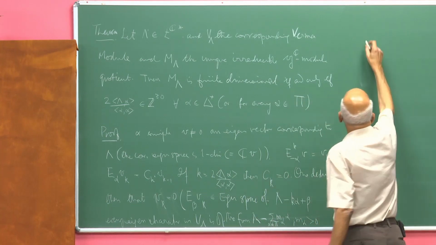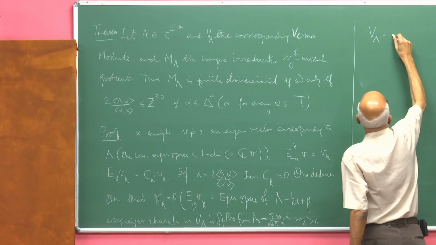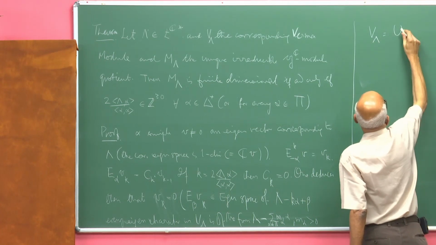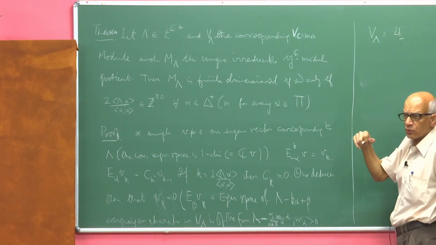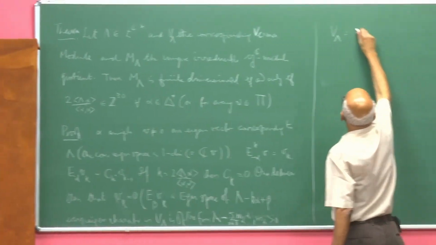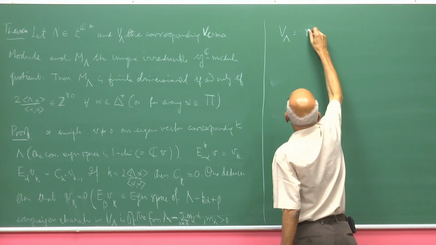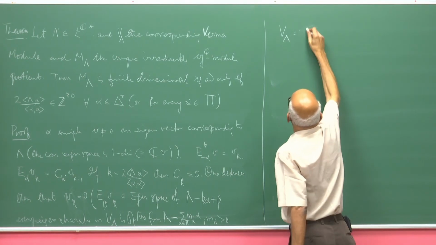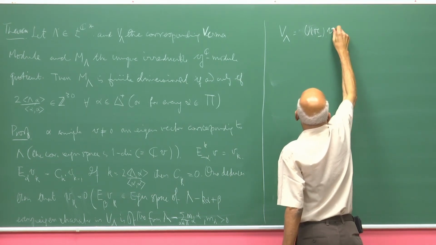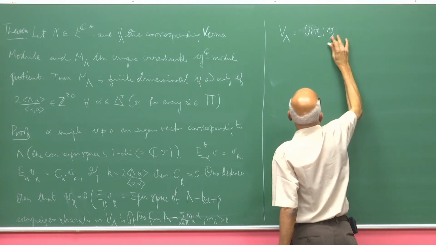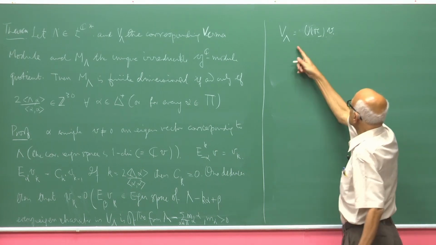After all, we know that V(λ) itself is what I called U(n^-) applied to v. I called it v, right. So everything is of the form U(n^-) v.